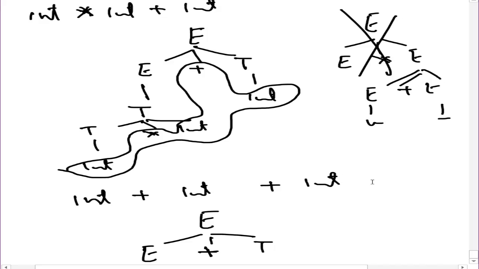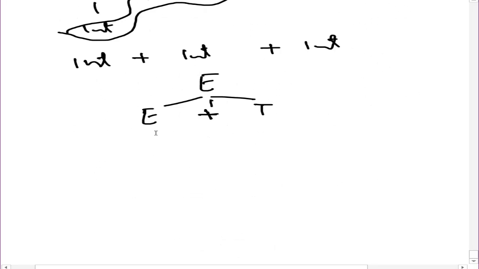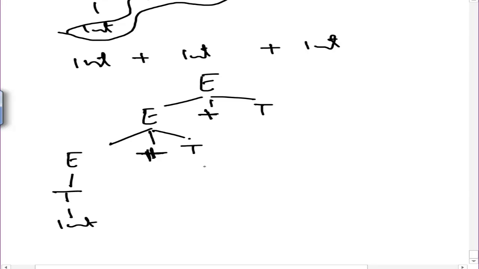So that means I have no choice but to evaluate from the left, right? So I have to go from this side and say E plus T, right? Okay, then on this side I say E will go to the T and T will go to the int. This will go to the int and this will go to the int.